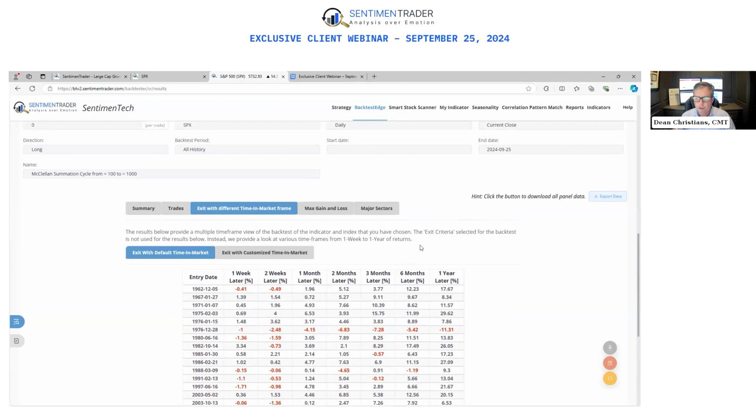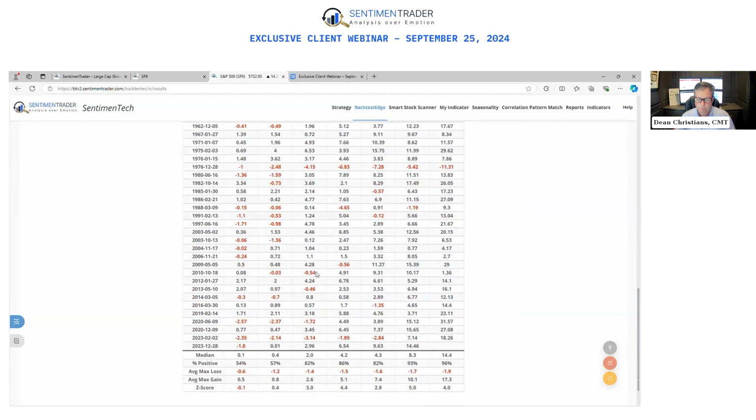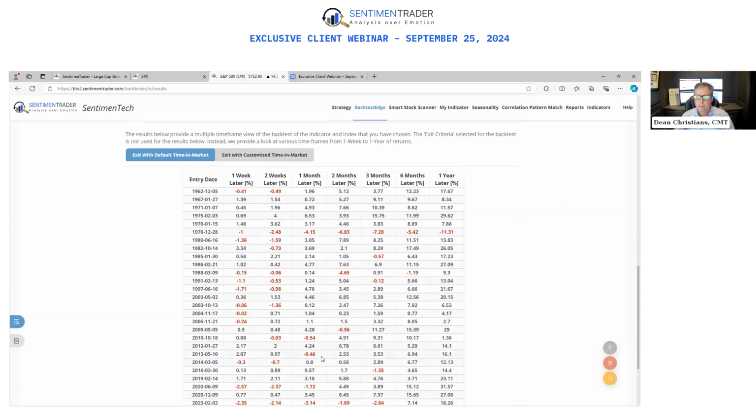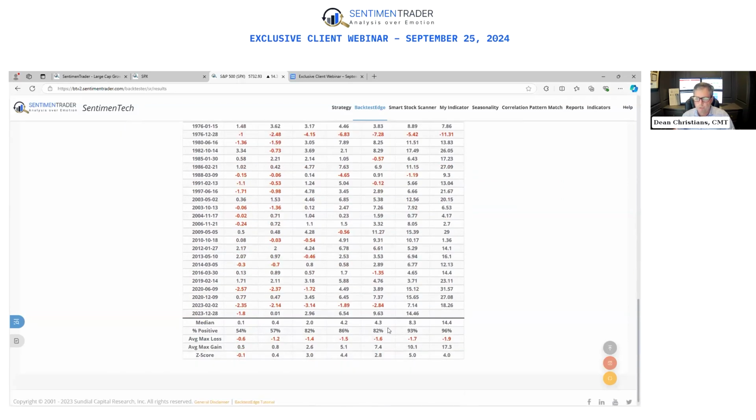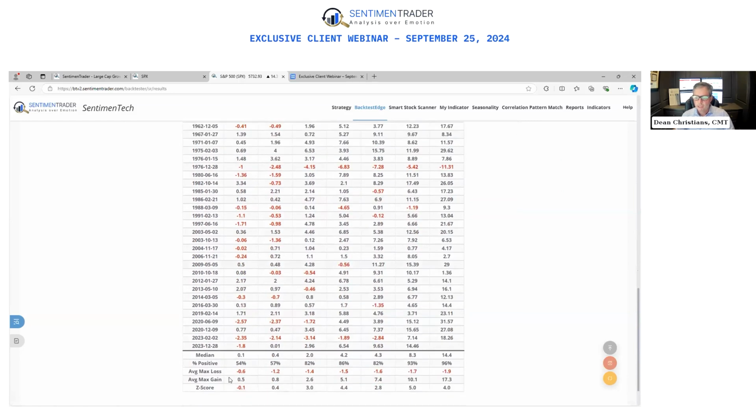Well, that's a very difficult thing to answer, but what you could do is take a look at this outlook table and say, okay, based upon this McClellan summation index, the S&P should rise roughly 4.2% over the next 2 months, or 8.3% over the next 6 months. And if we extrapolate that, the S&P could be at this potential level. So that is one way you could potentially assess it.